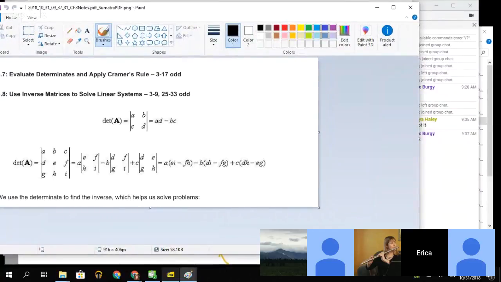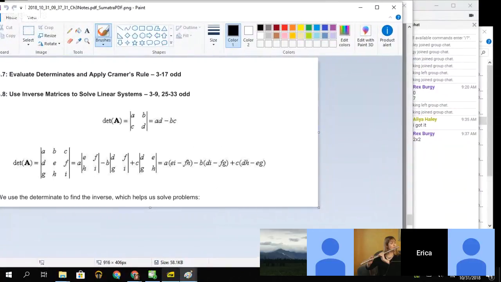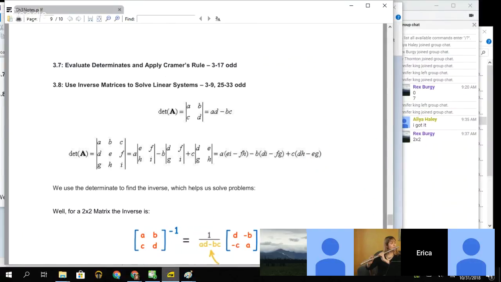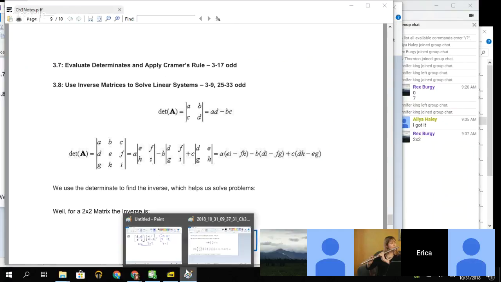A square matrix, yeah, 2 by 2 would be one. A square matrix basically means that it has to have the same number of rows and the same number of columns, right? So a 2 by 2 is a square matrix, a 3 by 3, a 4 by 4, 1 by 1. Those are all square matrices. Okay, so the determinant only works for a square matrix.